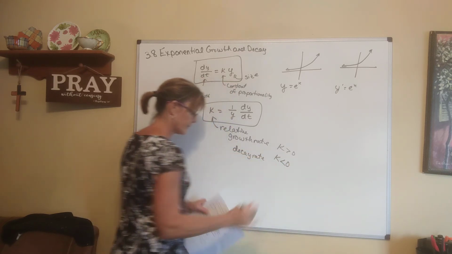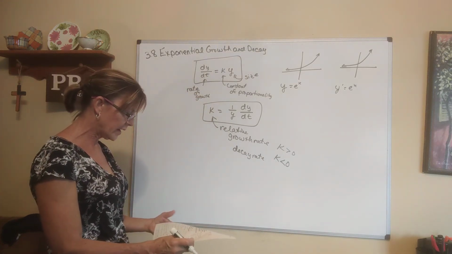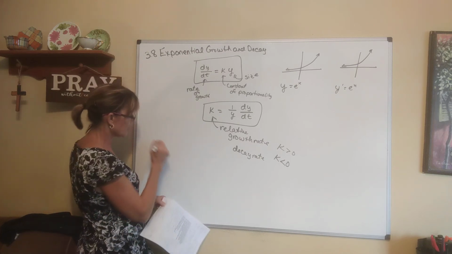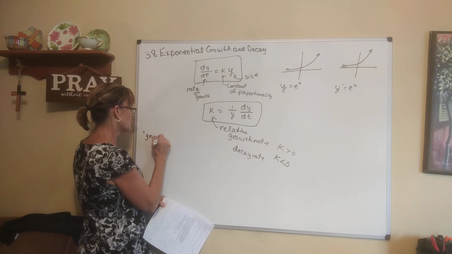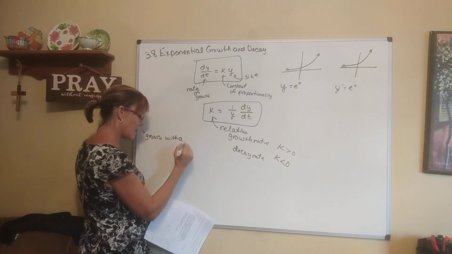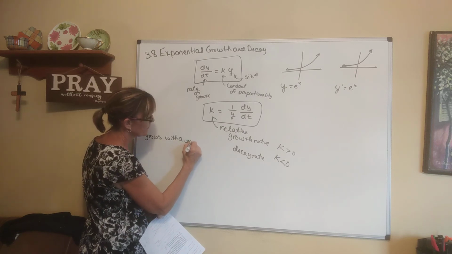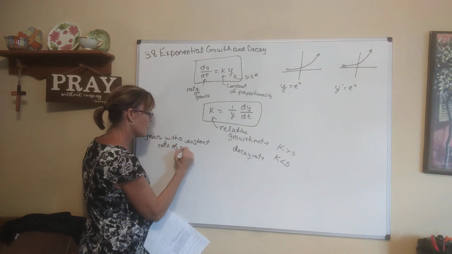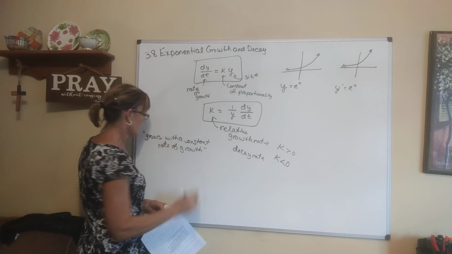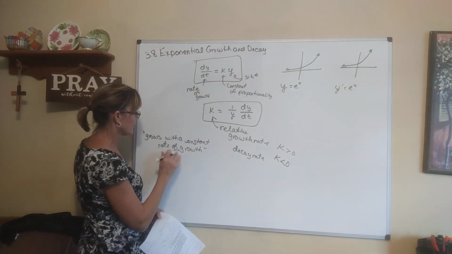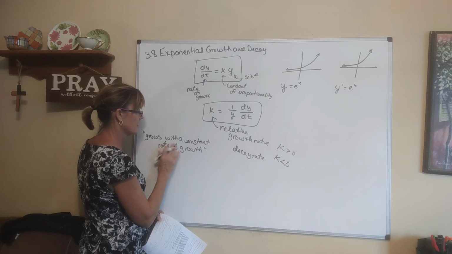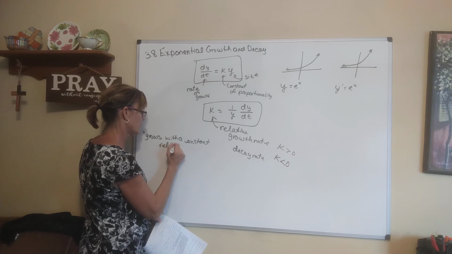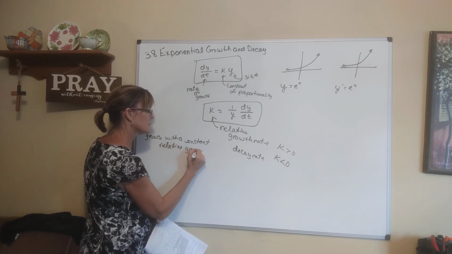All right. So that means, in general, when we hear or read the words in a problem, something like grows with a constant rate of growth, grows with a constant relative growth rate, relative, I wrote that wrong, constant relative growth rate.